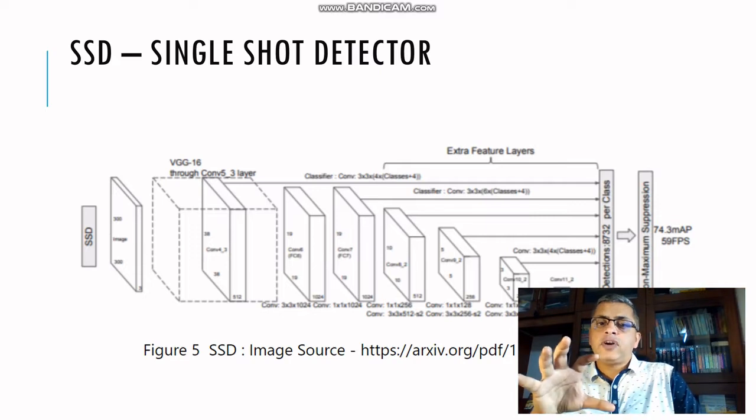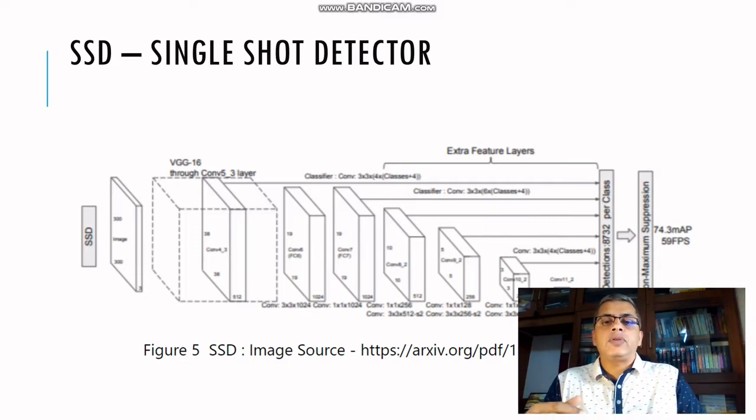These default boxes are compared to the ground truths, and then a loss is calculated, and that's what happens during the training process.